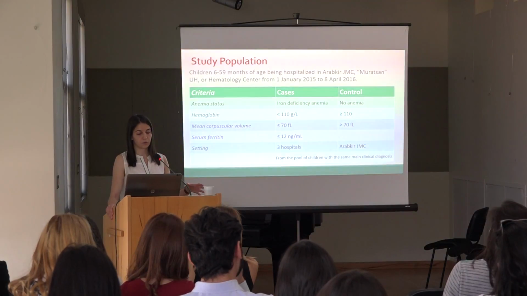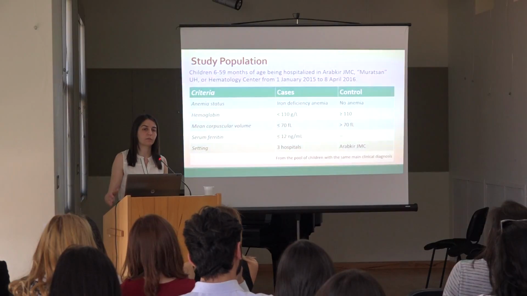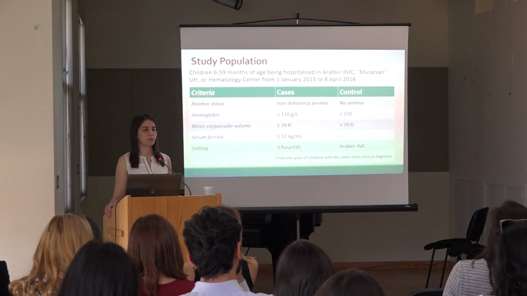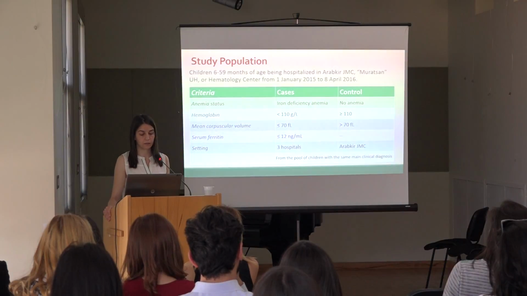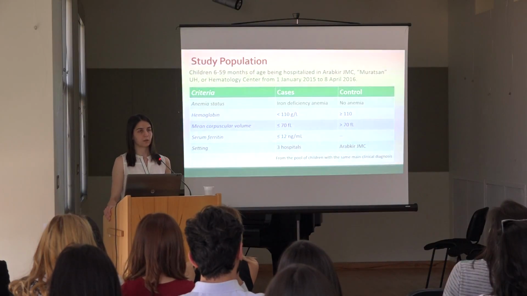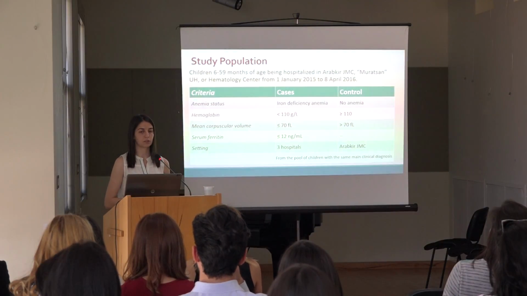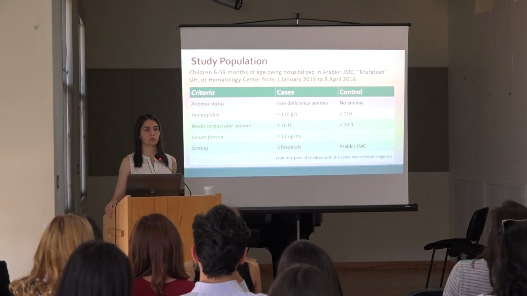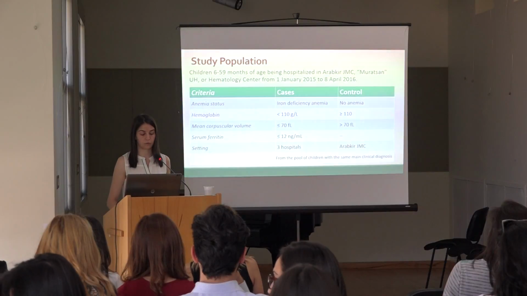Cases were selected from 3 hospitals, but controls we have chosen from Arabkir Medical Center because they provided a list of patients with their demographic and contact information, also with some clinical data. And we made a decision to take children from the pool of the same clinical diagnosis in order to control for potential effect of disease on anemia status of the child.